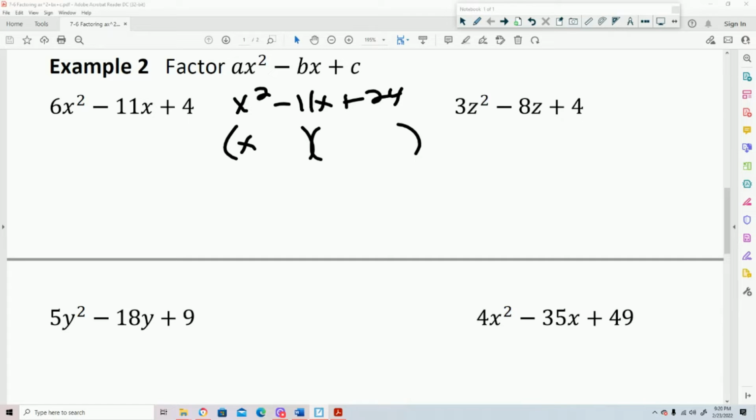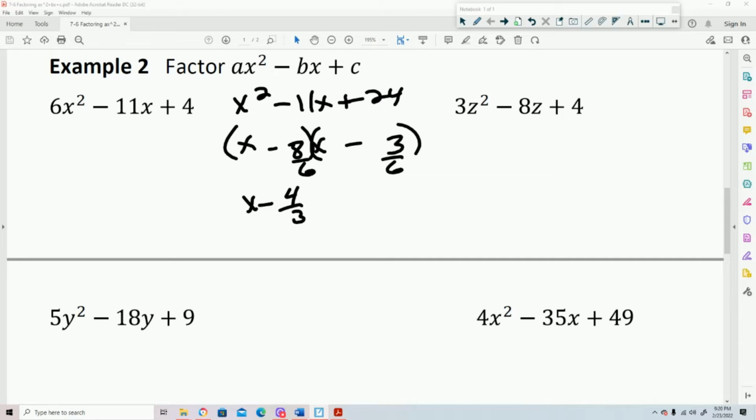Again, because that's positive, it's what multiplies to be that and adds to be that. So 6 and 4 do not do it, but 8 and 3 do. So it's going to be an 8 and a 3. And they're both going to be minus, because I've got a minus plus pattern there. I'm going to bring the 6 back in. I'm going to reduce these. Divide by 2, I get 4/3.